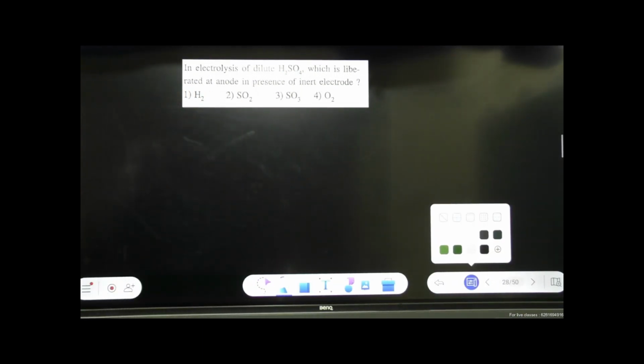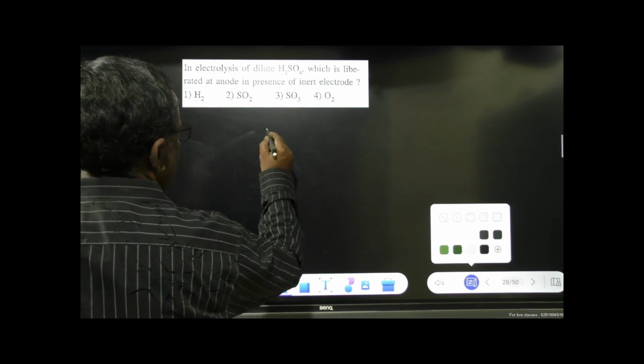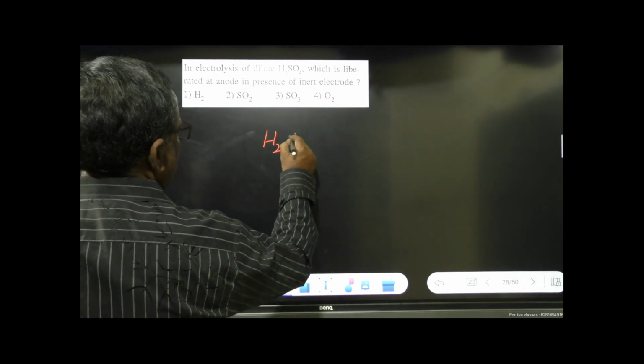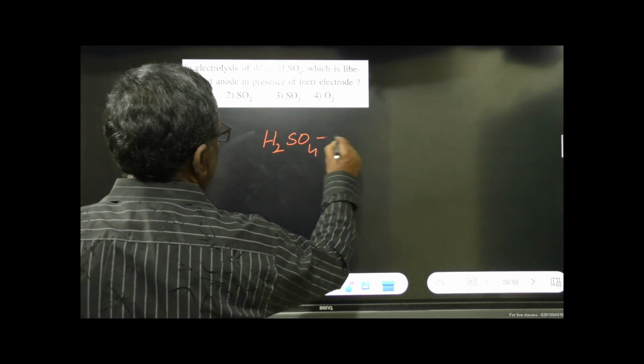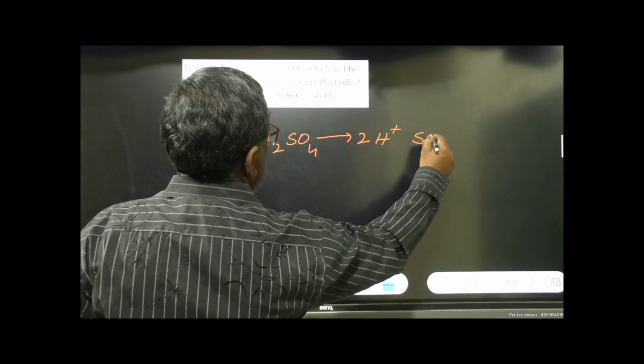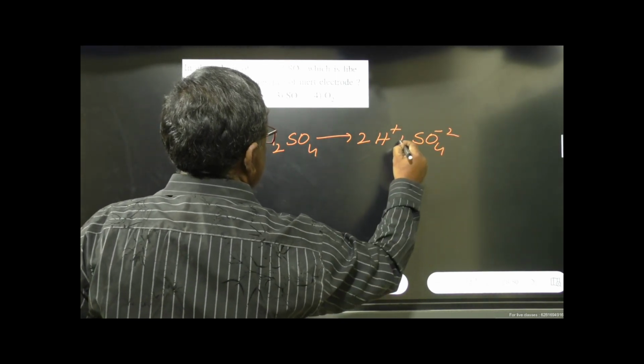In the electrolysis of dilute H2SO4 in the presence of inert electrodes, what is liberated at the anode? In dilute H2SO4, we have 2H plus and SO4 minus 2 ions.